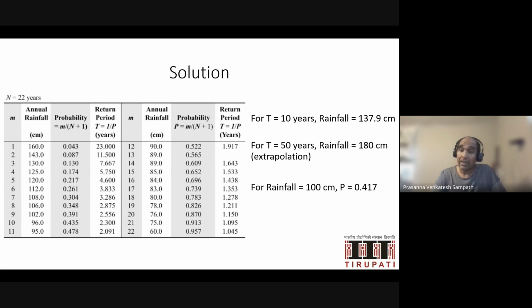And then the last part of the question was, what is the 75% dependable rainfall at this location? Now, how do I figure that out? What does that mean, first of all?